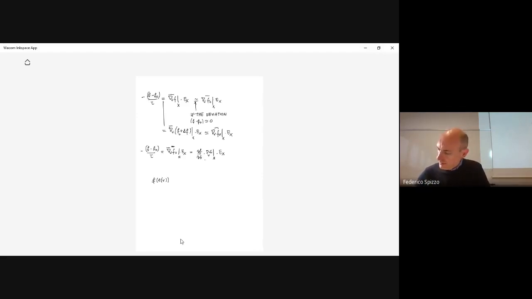And what is the gradient of the energy with respect to the velocity? The energy is 1/2 m vx squared plus 1/2 m vy squared plus 1/2 m vz squared. So if we make the derivative of the energy with respect to the velocity x component, we have m times vx.